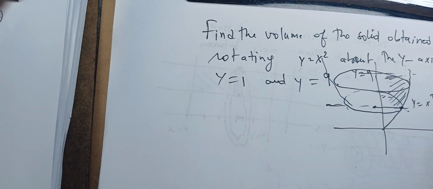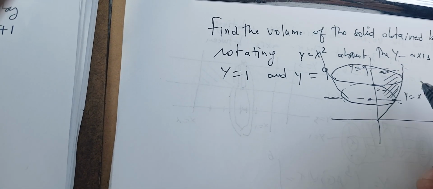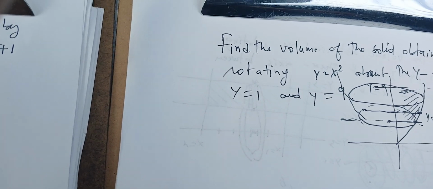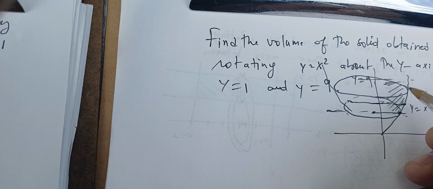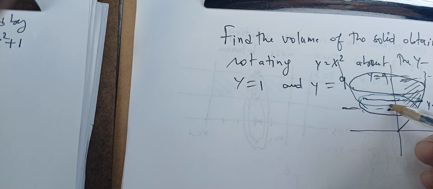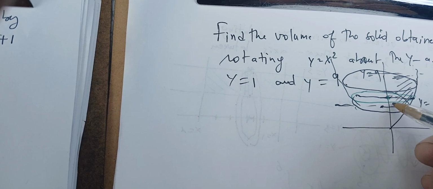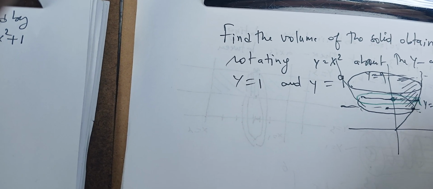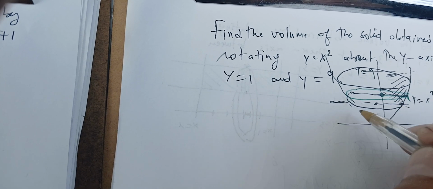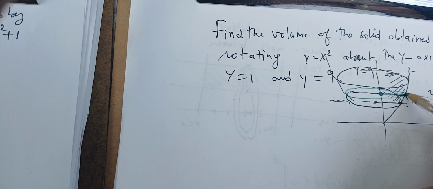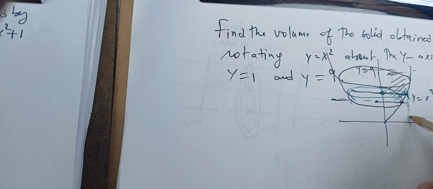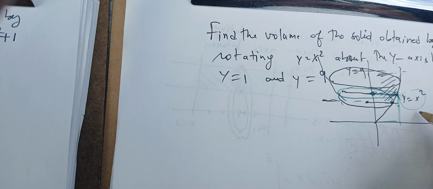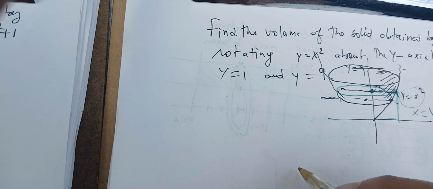In our case now, the cross-sectional area is gonna be a circle. Let's say this is my point here, and this is my x. It's in terms of x, so I need to transform this one. So x is gonna be the square root of y.